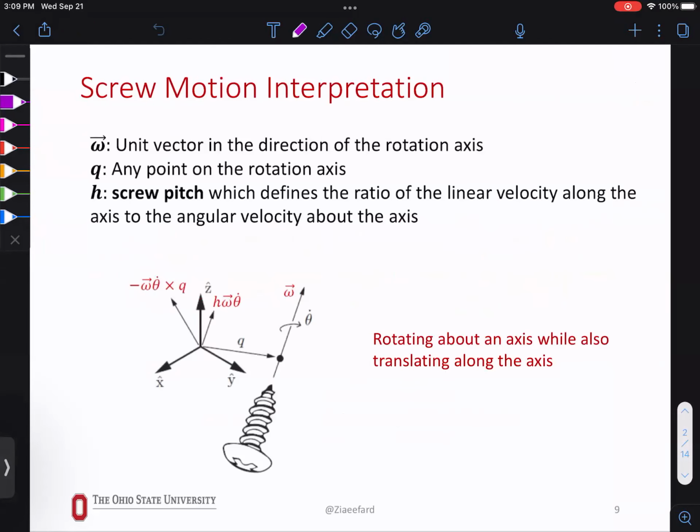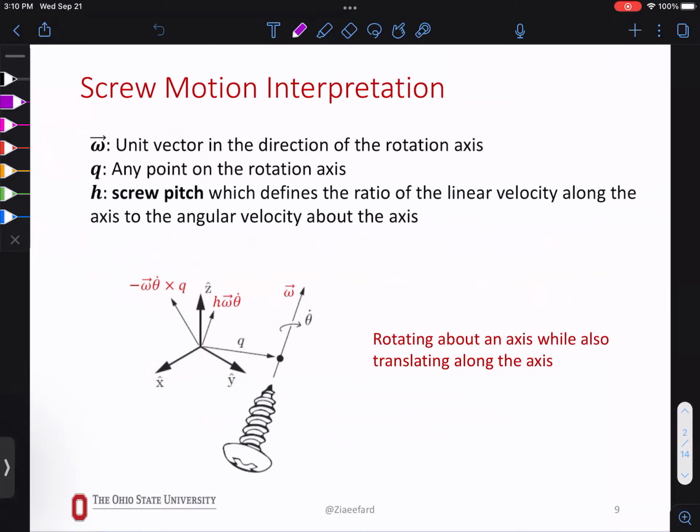All right. So we stopped at the screw motion interpretation. When we have a screw motion, we have a rotation and a translation. Now imagine that this screw motion is happening and is off-centered from the fixed reference frame. You remember there could be a q between the origin of the reference frame and the origin of the axis of rotation. So we are going to have different velocities generated here.